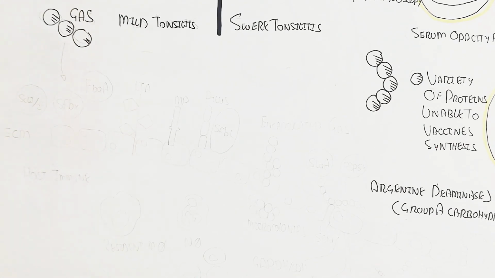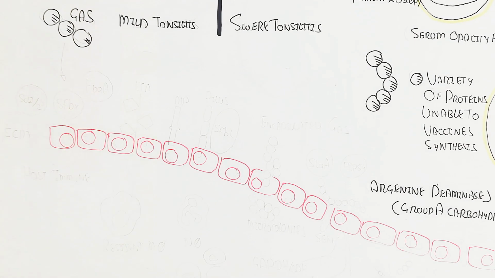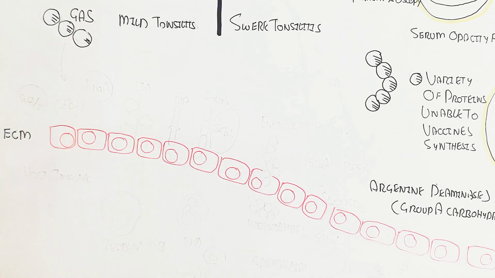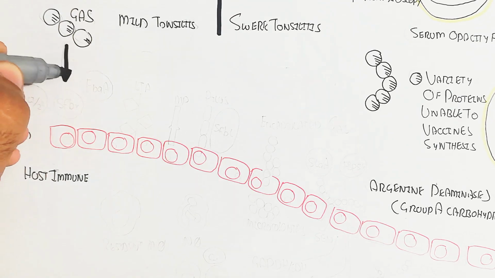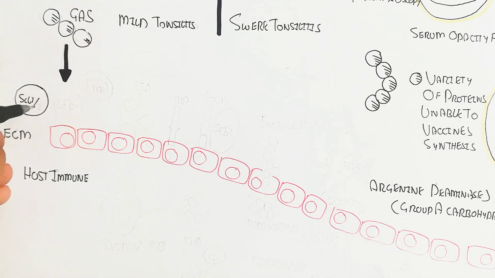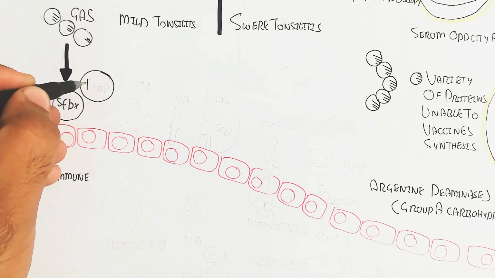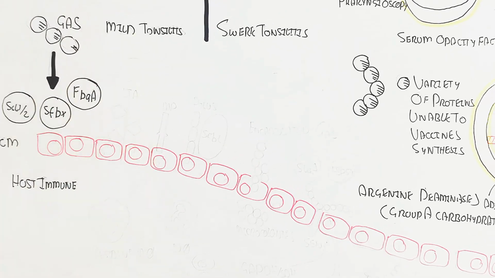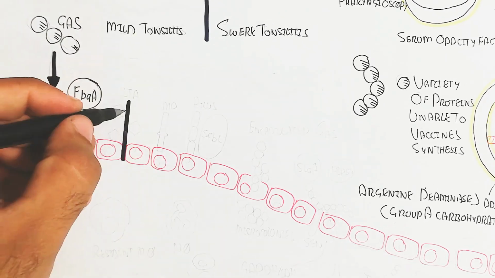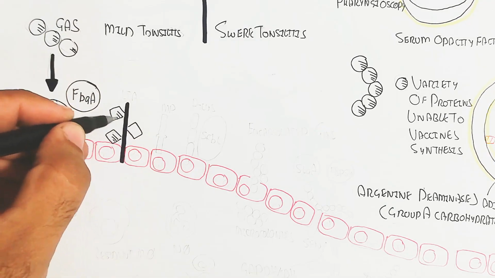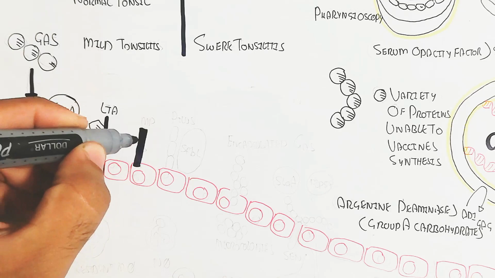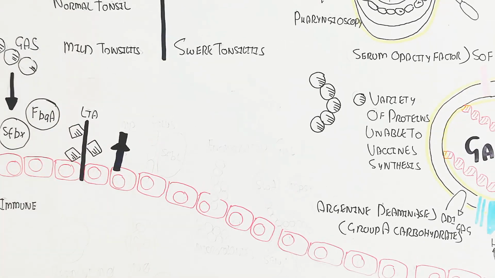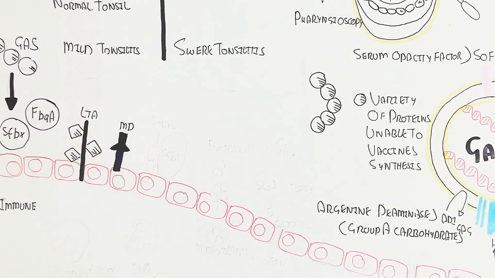Remember, let's begin to understand adhesion and colonization. This is the extracellular matrix with the host immune system inside. For example, suppose this is the throat lumen. This is the GAS, and it triggers FbaA, SfbX and SCL1 and 2, which lead to binding of the LTA.